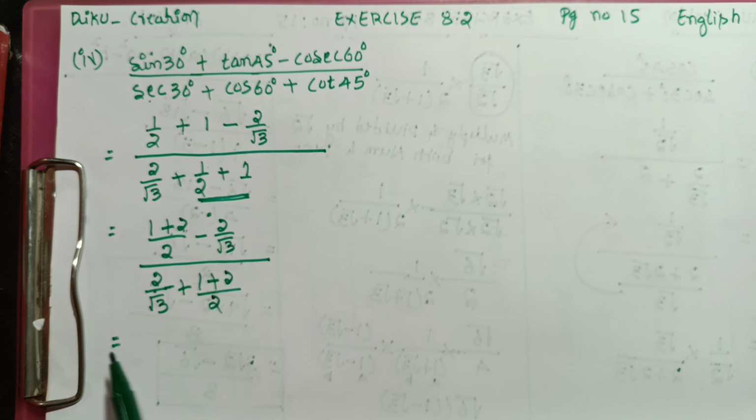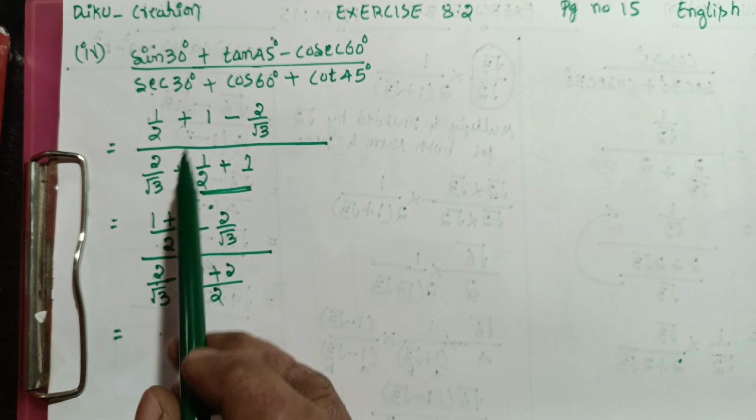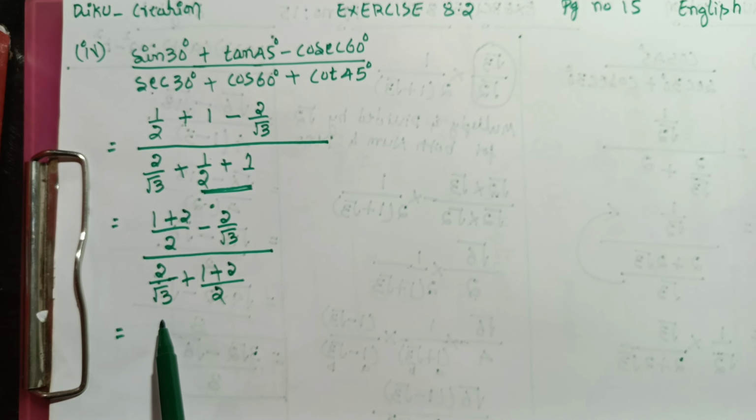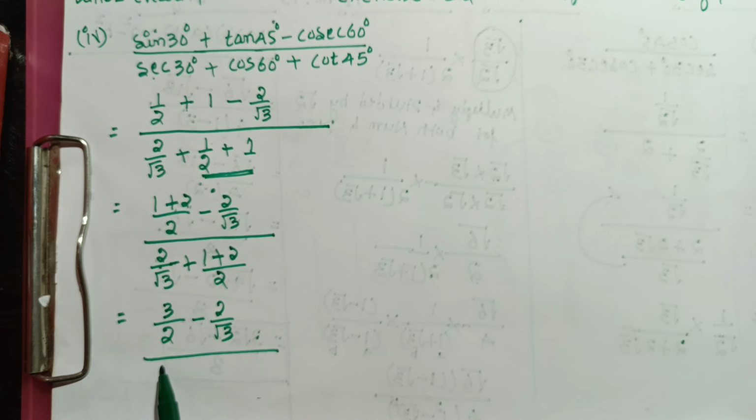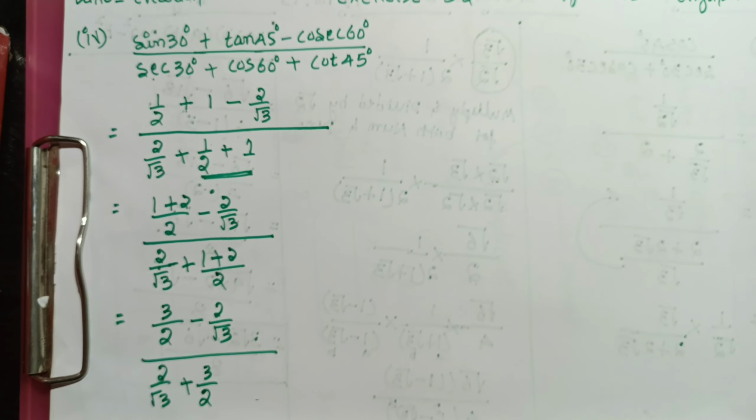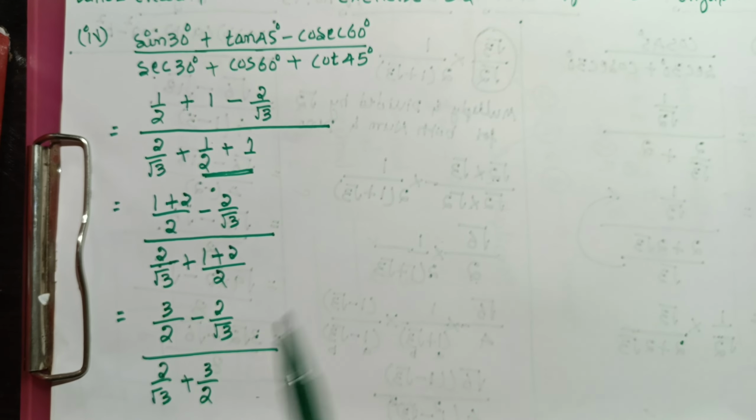So now 2 plus 1 is 3 by 2 minus 2 by root 3 whole divided by 2 by root 3 as it is plus 2 plus 1 is 3 by 2. So again I need to simplify this.